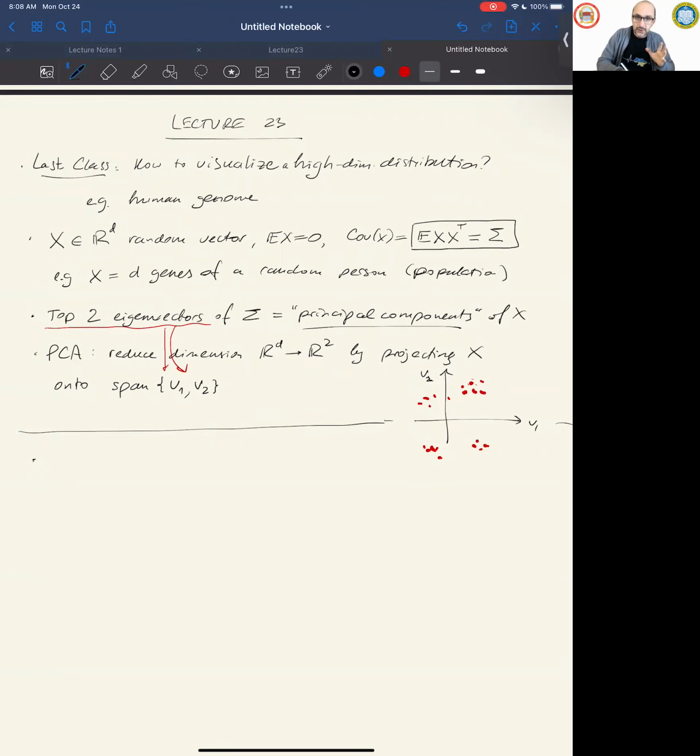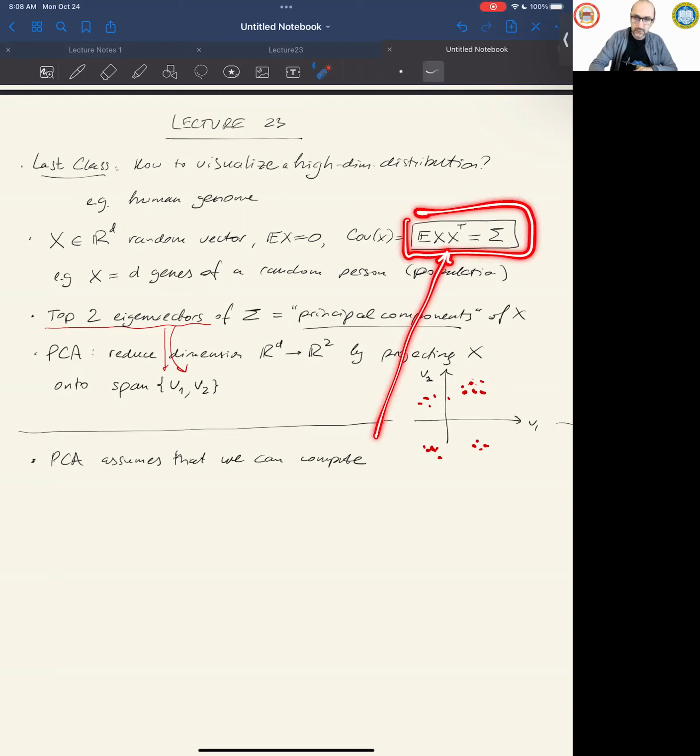Is that enough? How much sample do we need in order to run this procedure meaningfully? So let me write this down. PCA assumes that we can compute this matrix, the covariance matrix of the data, which is called the population covariance matrix.